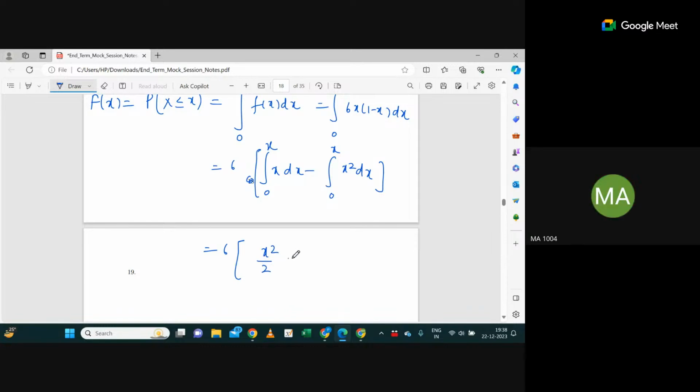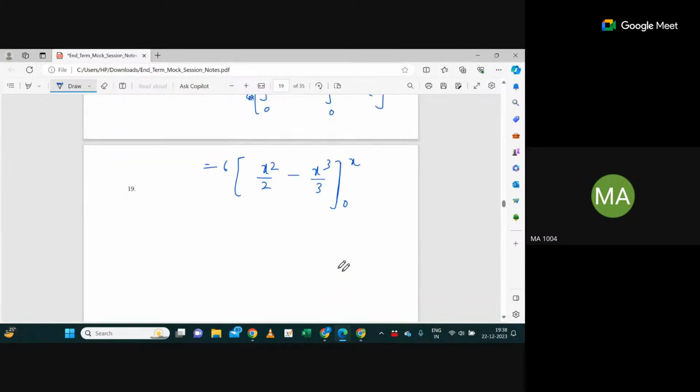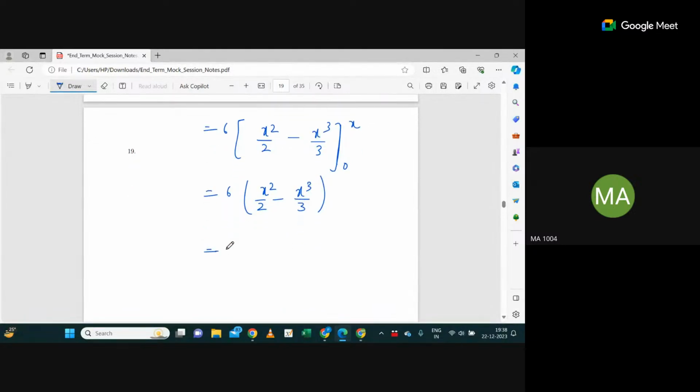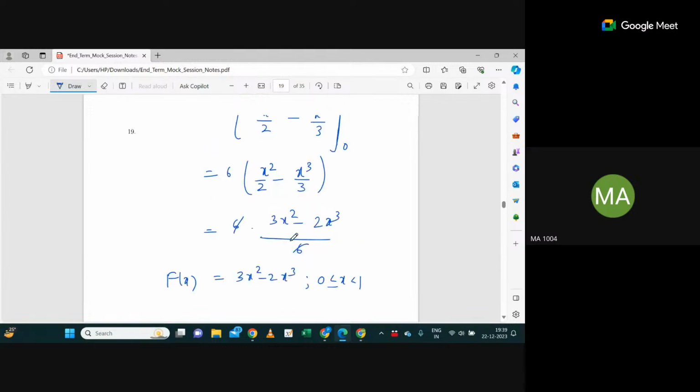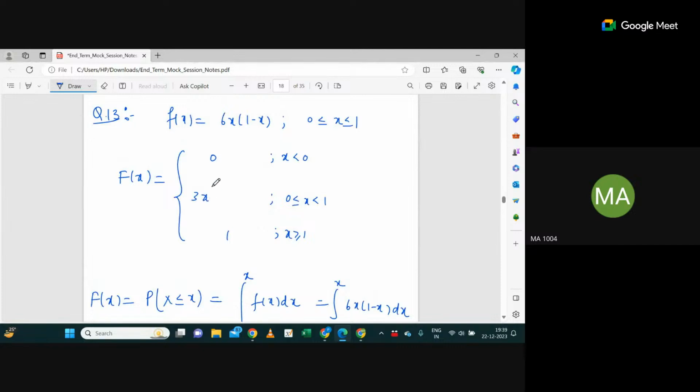Okay, let me do it. No, anyway, I have to do it. Again, I think you will get the same value. 6 times, t square by 2 minus t cube divided by 3, from 0 to x; if you put 0, it will give you 0. So it will be 6 times (3x square minus 2x cube) divided by 6. 6 will cancel out, so you get 3x square minus 2x cube, for x between 0 and 1.